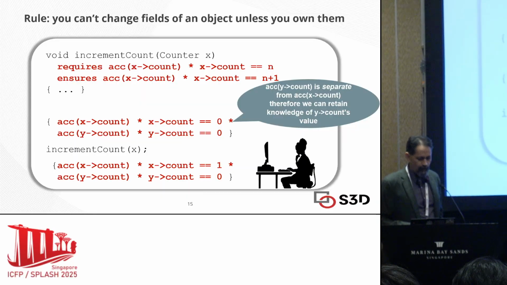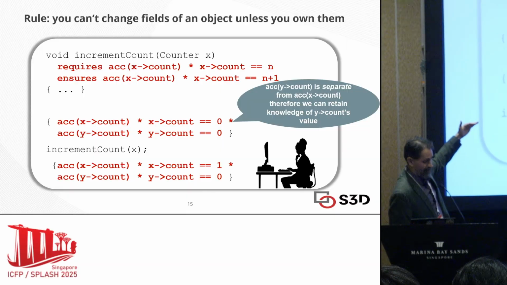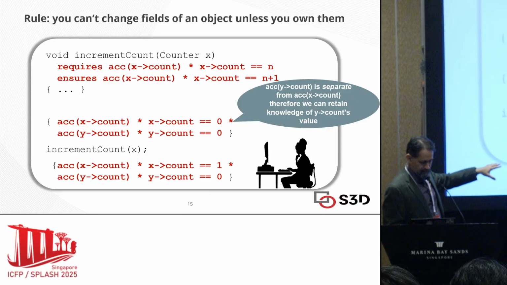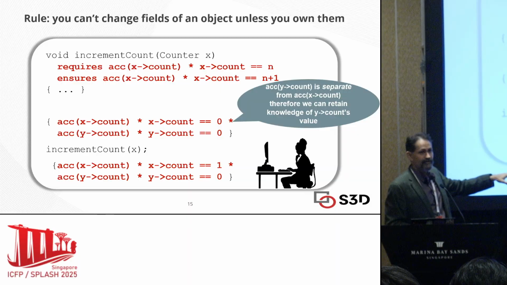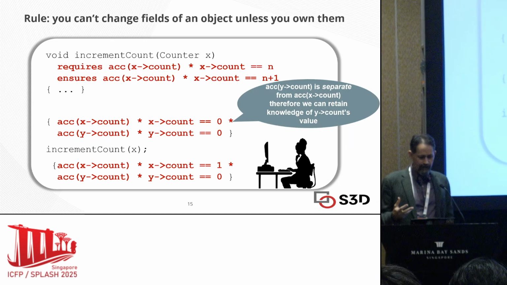And so what that means is when we call increment count on x, we'll just pass the access to the x. We'll keep the access to the y. We know they're distinct, and so we know that y's count is 0 at the end. Okay? So that's why ownership is critical to verification. It allows us to talk about what parts of the heap might be changed by a given function, increment count in this case.